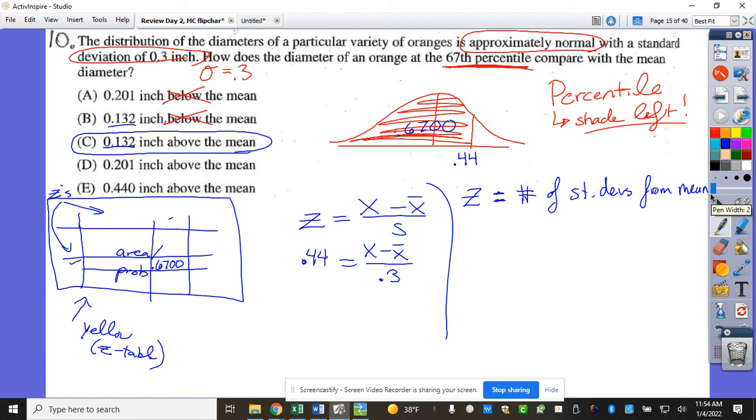So I can think about it this way. Well, 0.3, that's over a standard deviation. That's about 2/3 of the standard deviation. I need to be less than half. That's the only one that's less than half the standard deviation. Questions is where we are right now.